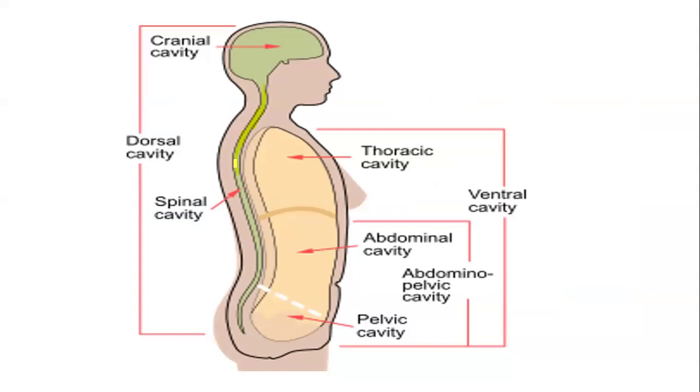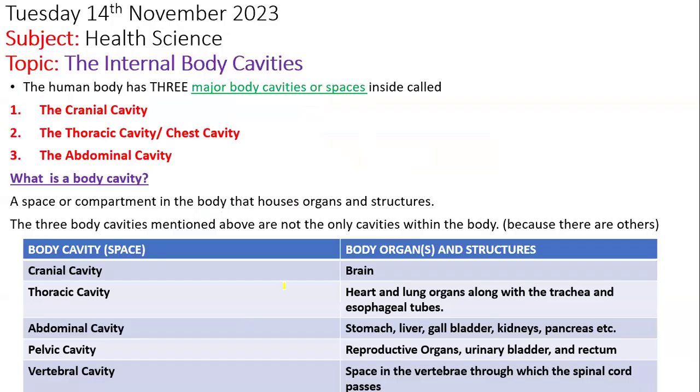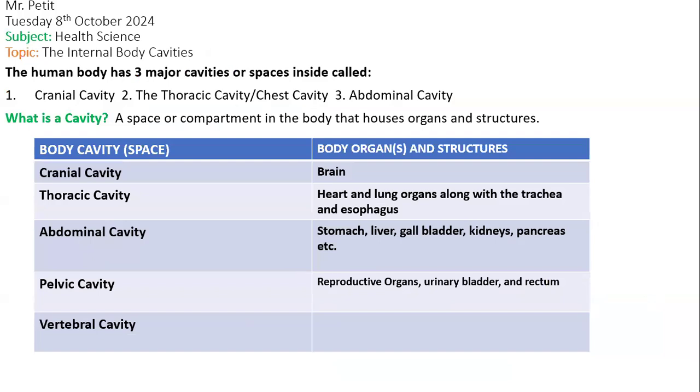It's pretty cool that your body has spaces for these particular things. So the vertebral cavity is the space where we have the spinal cord. It's a space in the vertebrae through which the spinal cord passes.